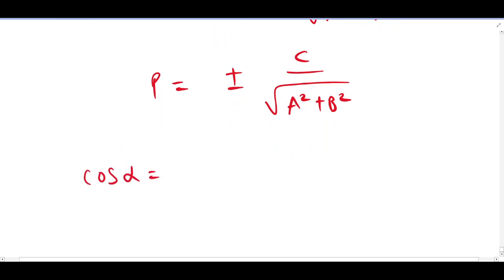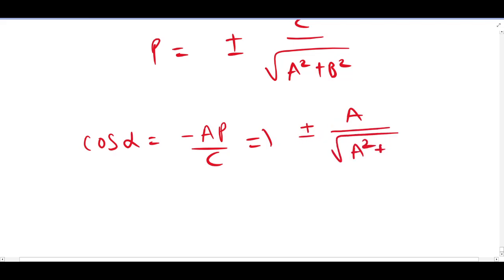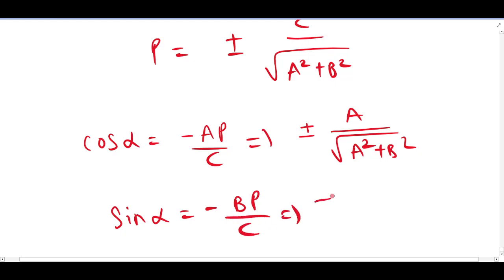So cos alpha we know as minus ap by c, which is equal to plus minus a by root of a square plus b square, and sin alpha is equal to minus bp by c, which is equal to plus minus b by root of a square plus b square.